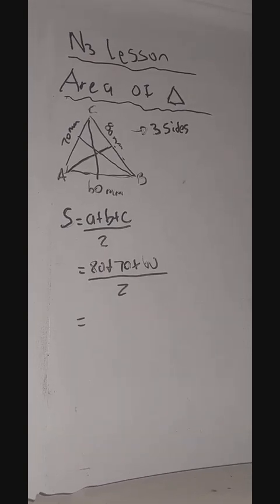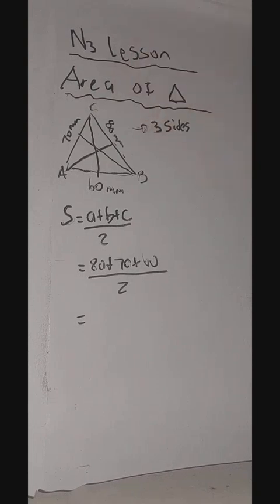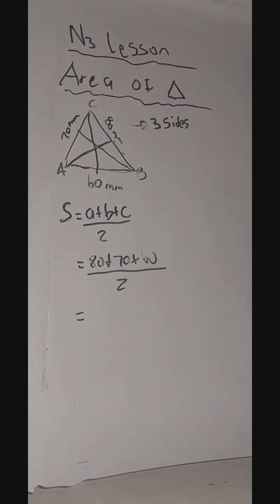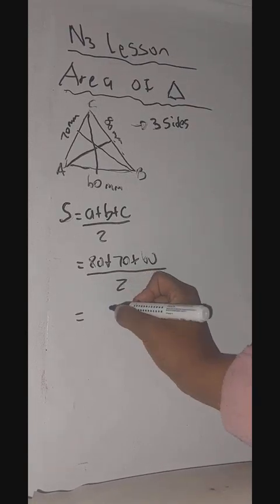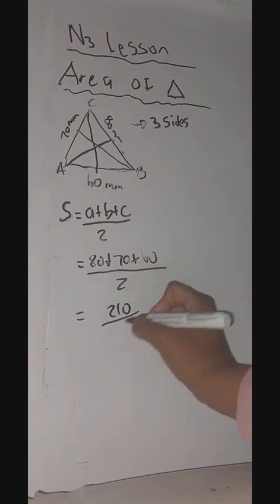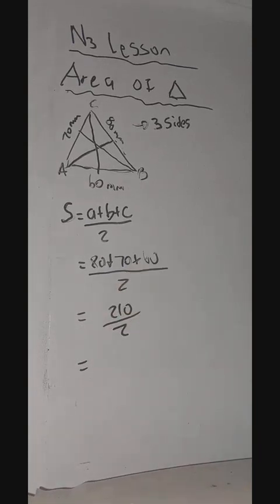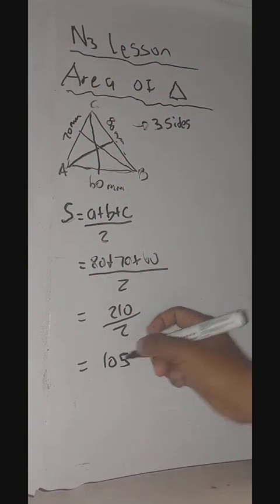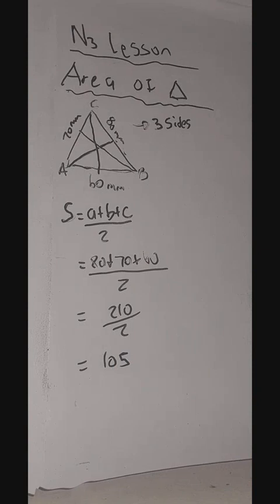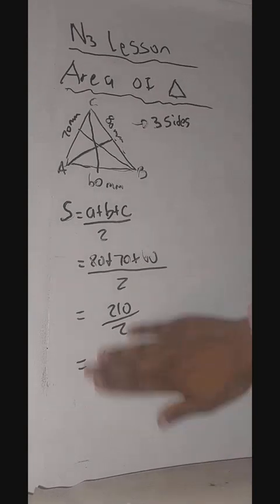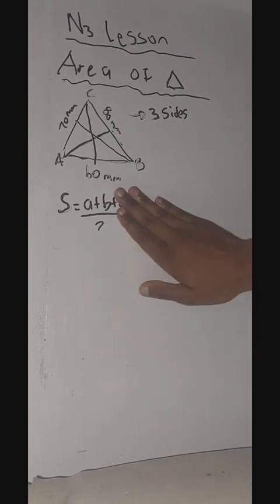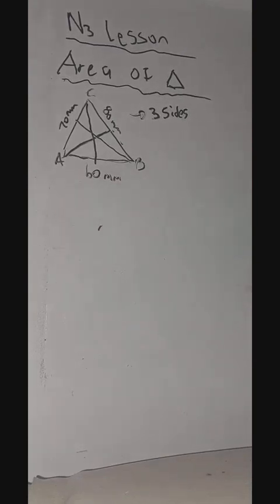Adding everything up, it's 80 plus 70 plus 60, I get 210. 210 divided by 2, I get 105. So S is equal to 105.